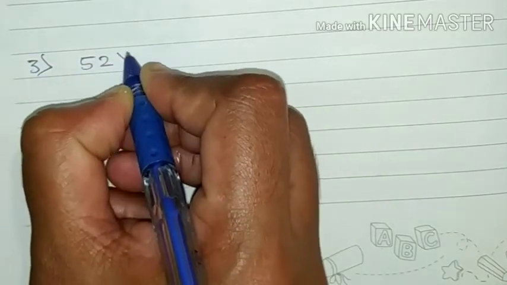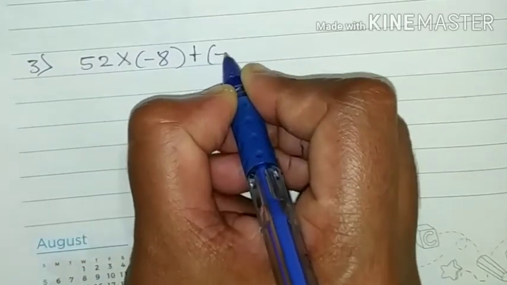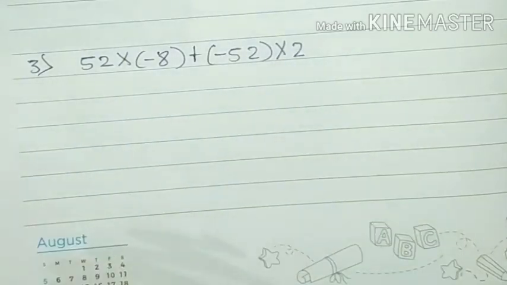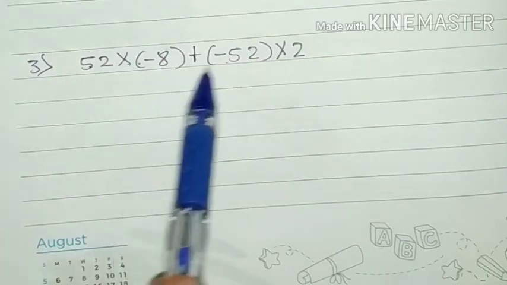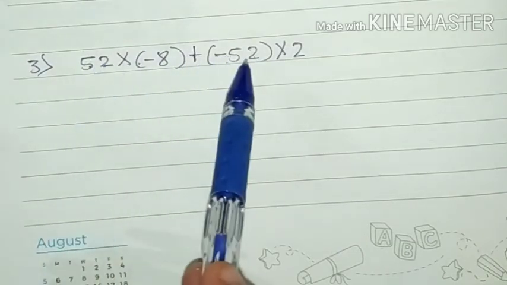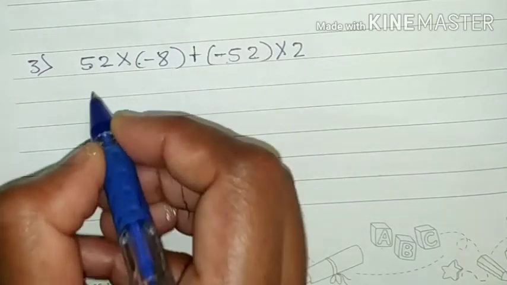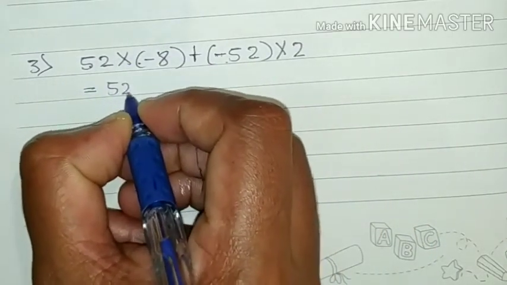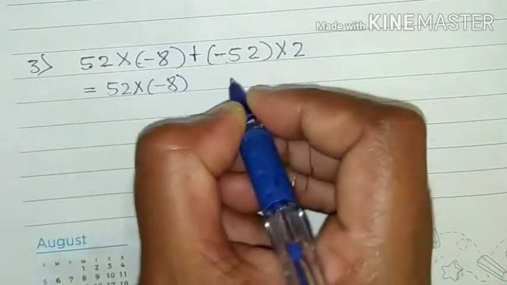52 into minus 8 plus minus 52 into 2. So see here, it is in what? Distributive property. But here minus 52 is there, here 52 is there. Both are not common, right? Here signs are changed. But we keep this one as 52 into minus 8 as it is.